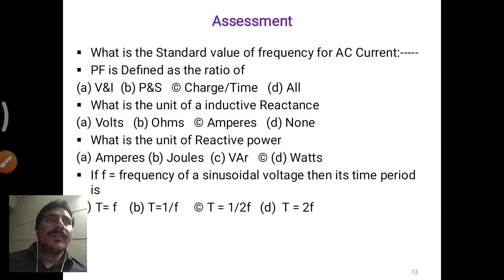And apparent power is the phasor sum of the real power and reactive power. Next, we gave the relation between all powers. That is, apparent power S is equal to P plus jQ. So S is equal to square root of P square plus Q square.